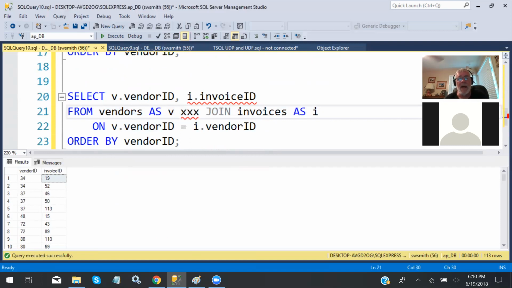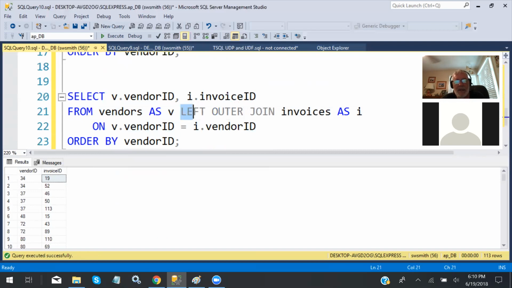That's about to matter. I'm going to talk about a left outer join. From vendors as V, left outer join, invoices as I. There's also a right outer join.